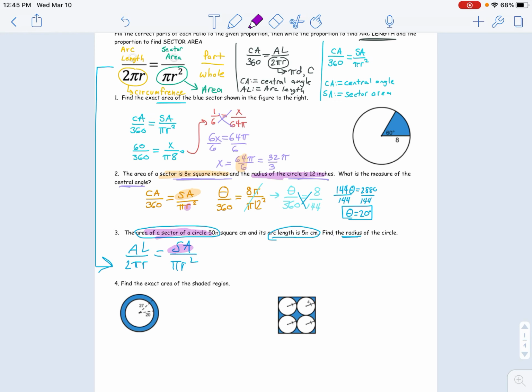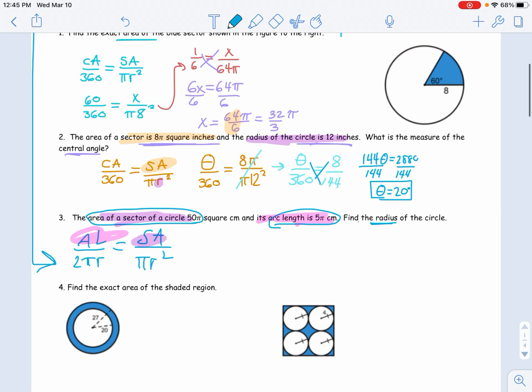All right, now I'm very carefully going to plug in the sector area, and then I'm very carefully going to plug in the arc length. So I'm going to get 5 pi over 2 pi r equals 50 pi over pi r squared.